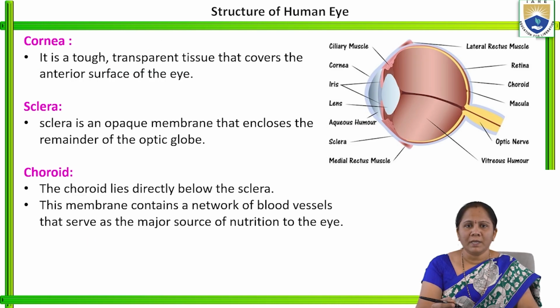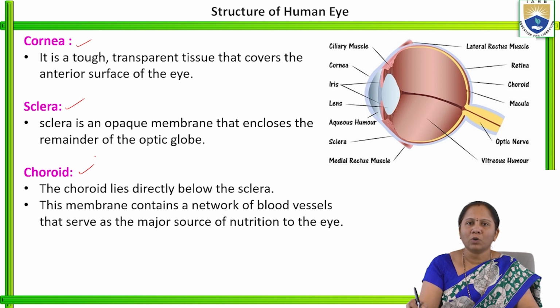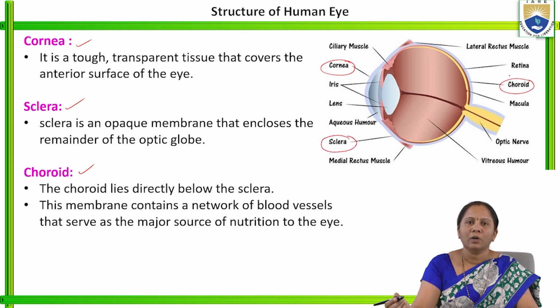As we have seen, it consists of three layers: cornea, sclera and choroid. Now we will see what their functions are.